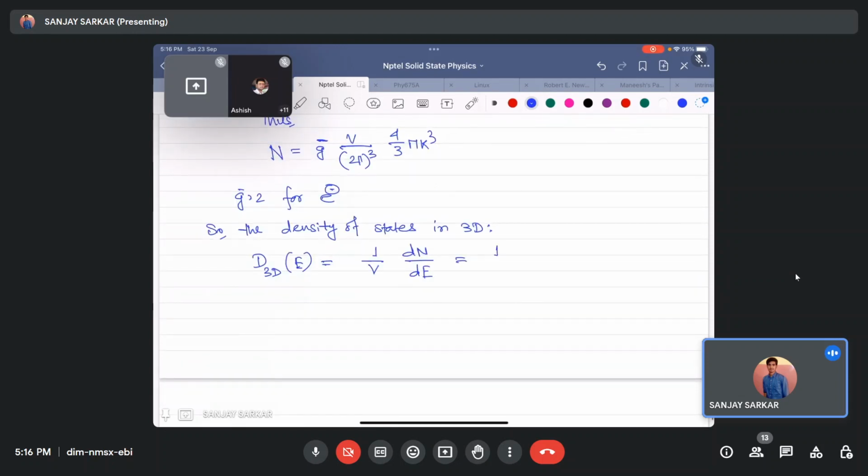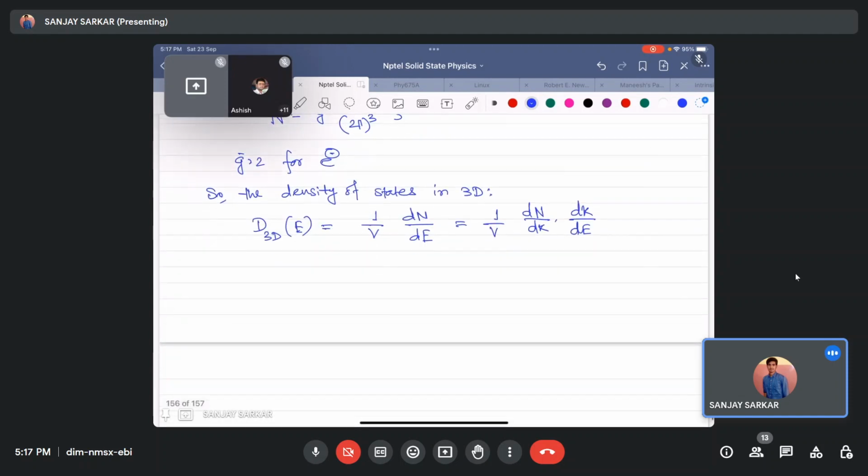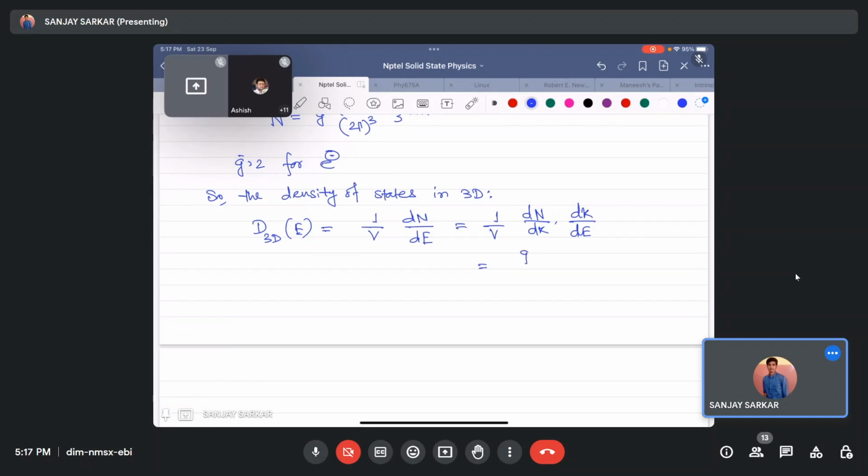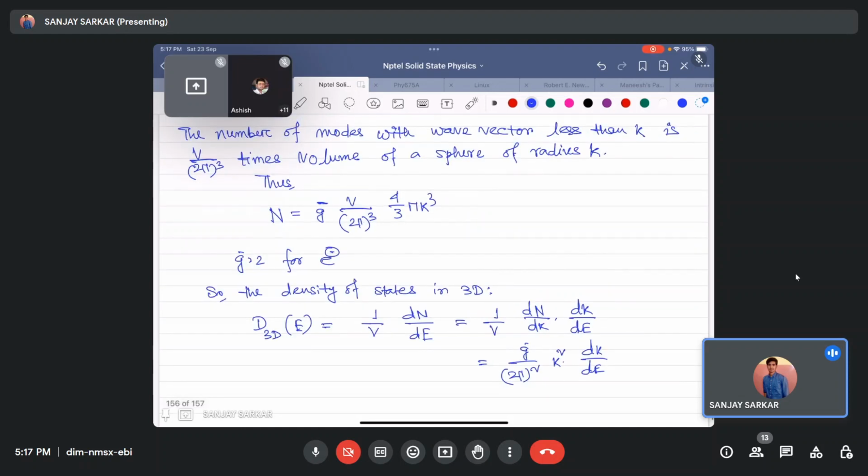So you can do chain rule here, 1/V into ∂N/∂k into ∂k/∂E. Or you can show that this will be equal to ḡ by 2π² into k² into dk/dE, because we can calculate ∂N/∂k from this expression.